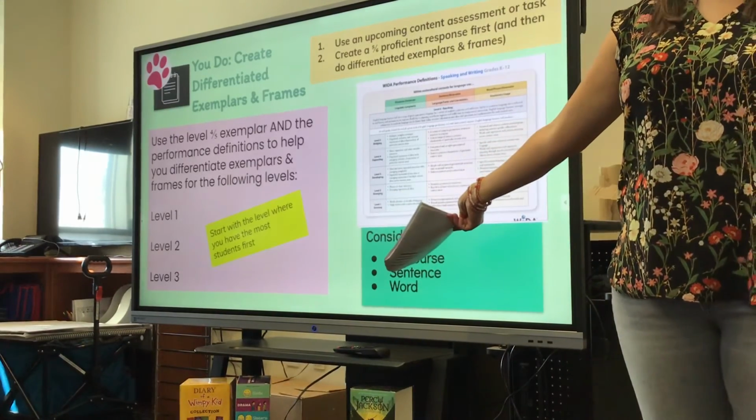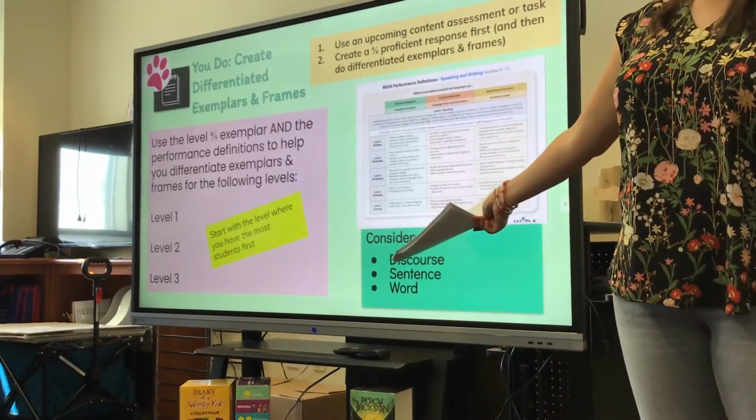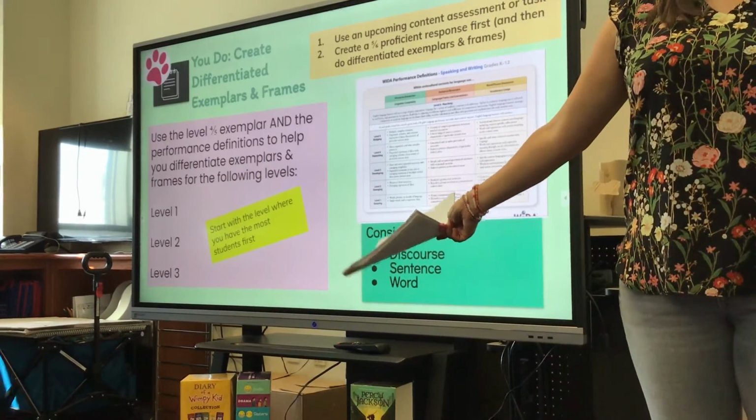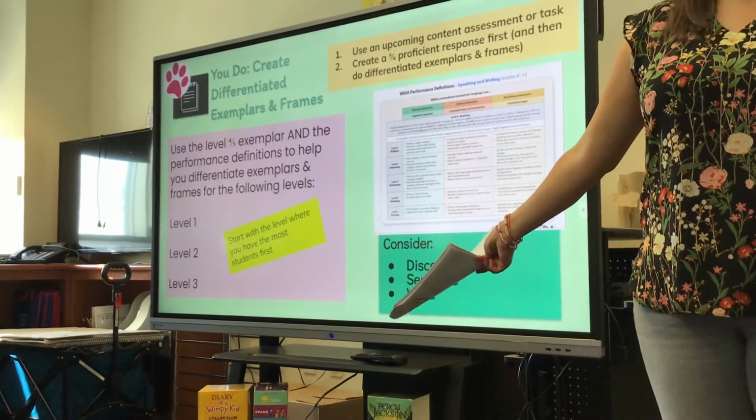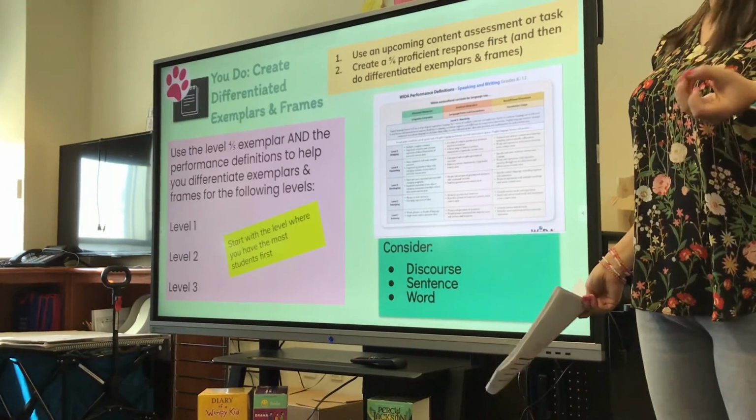So you have your proficient response, but you're also differentiating for your learners. So if you know you have a lot of level 3 learners, spend some time on that one differentiating. And Jen and I will be around to help with that too.